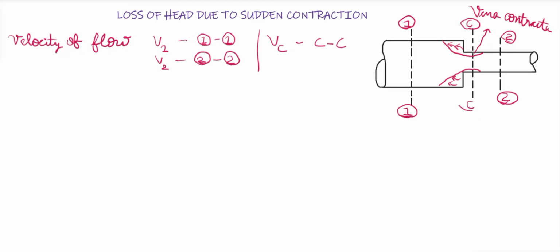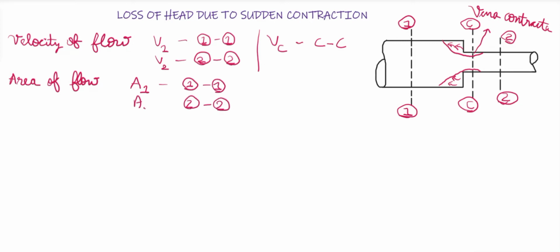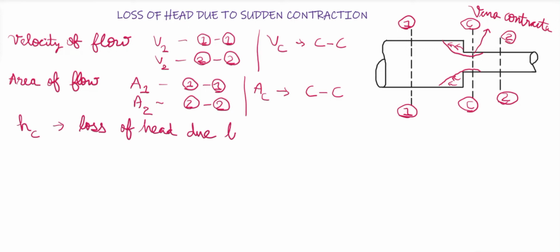Then the area of the flow at section 1-1 is A1. For section 2-2, it is A2. And for section CC, it is AC. The loss of head due to sudden contraction, we will denote using HC.